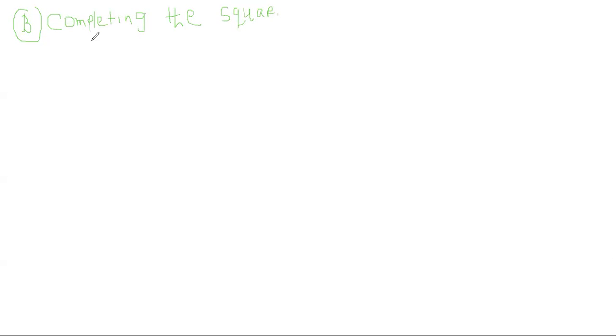So we want to use this to solve this equation, x raised to the power of 2 plus 8x minus 9 equals 0. So after having your equation, the first thing that you should write is the formula.